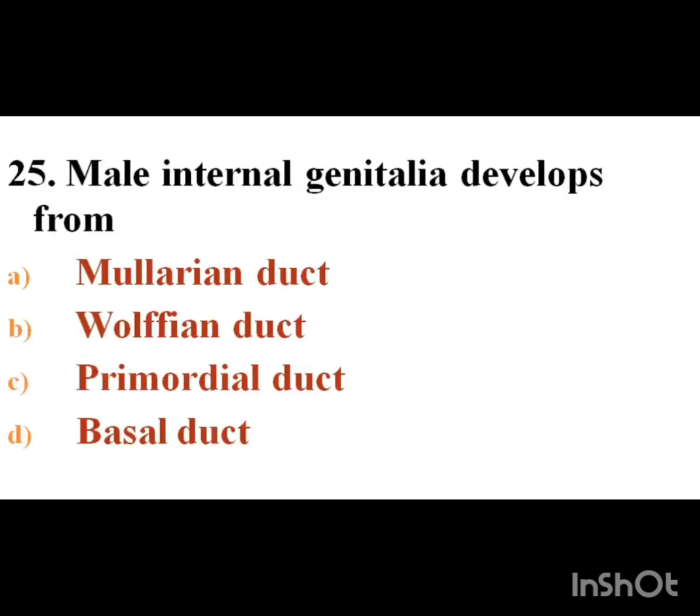Next question. Male internal genitalia develops from: A. Mullerian duct, B. Wolffian duct, C. Primordial duct, D. Basal duct. Answer is B, Wolffian duct.